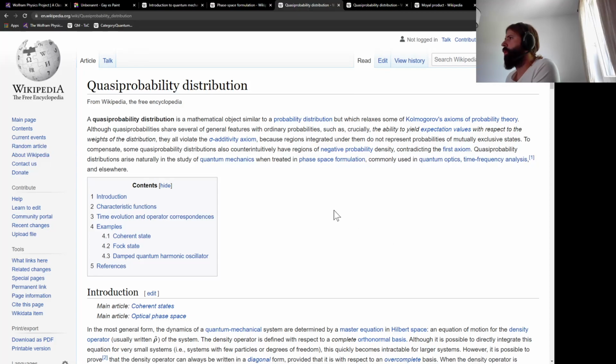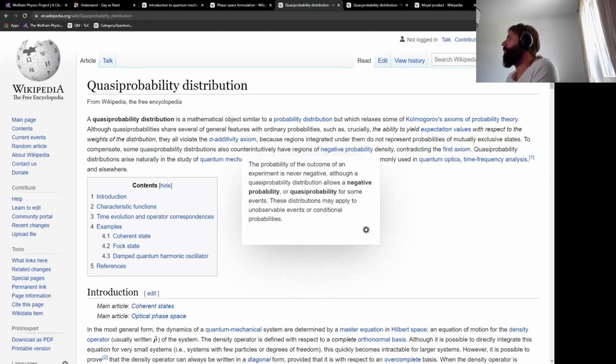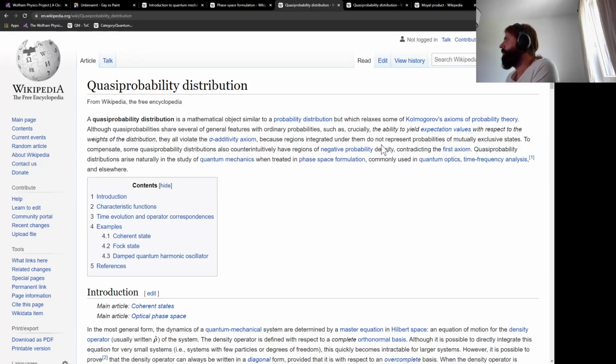To compensate, some quasi-probability distributions also counterintuitively have regions of negative probability. Ah, okay. That's what it means. It means that they also have negative probabilities and stuff like this.